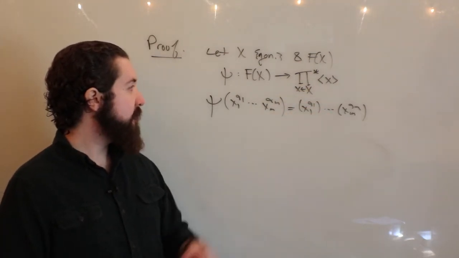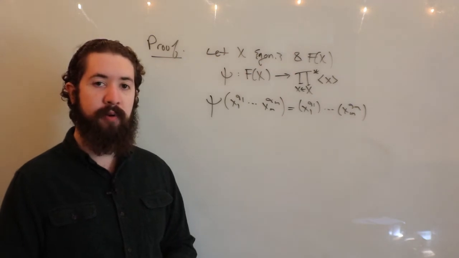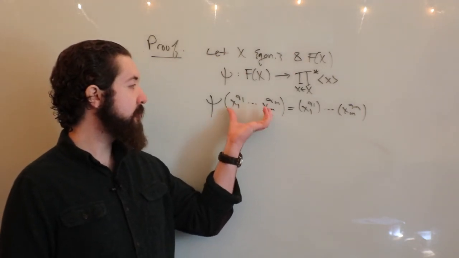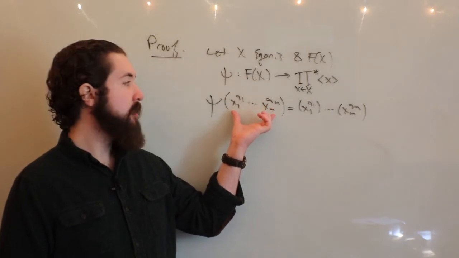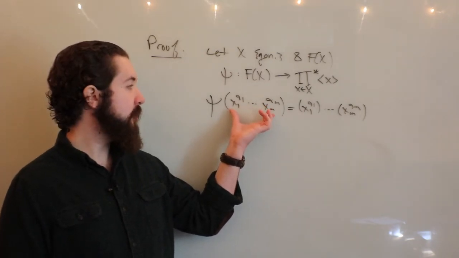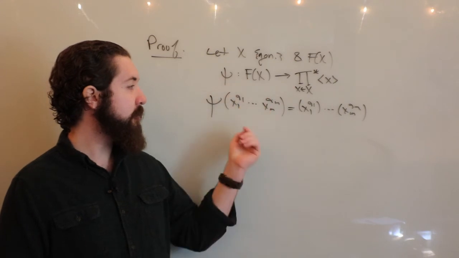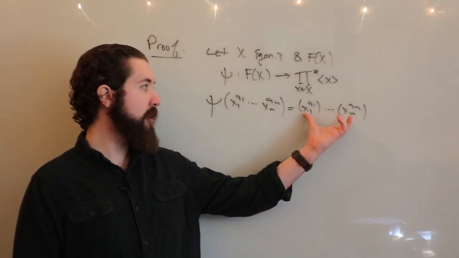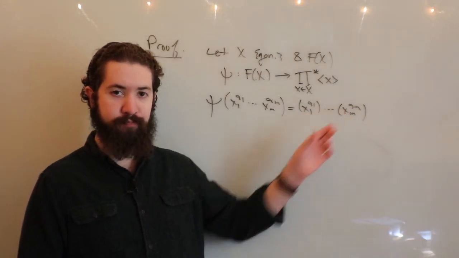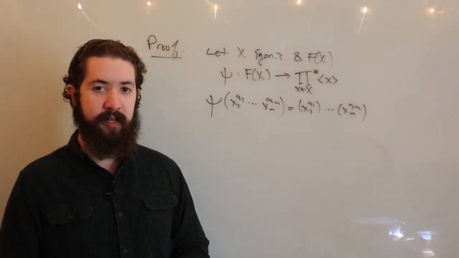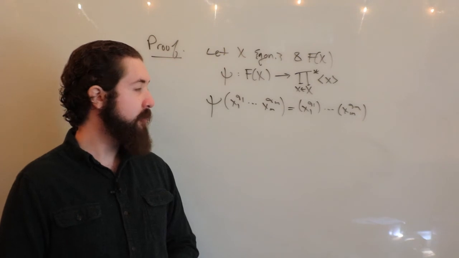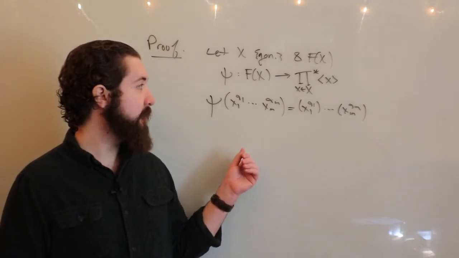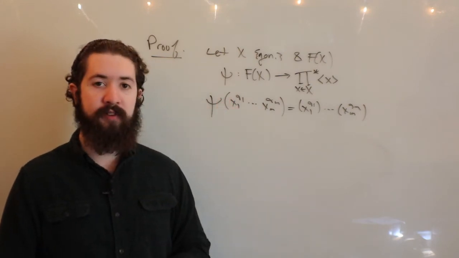So because of this, all that we have to show in order to get operation preservation is actually that the rules for word reduction in the free group are equivalent to the rules of word reduction in the free product group. This is going to be a little bit tricky to show rigorously, but it is going to be true, and this is what we need in order to show that psi is a homomorphism.